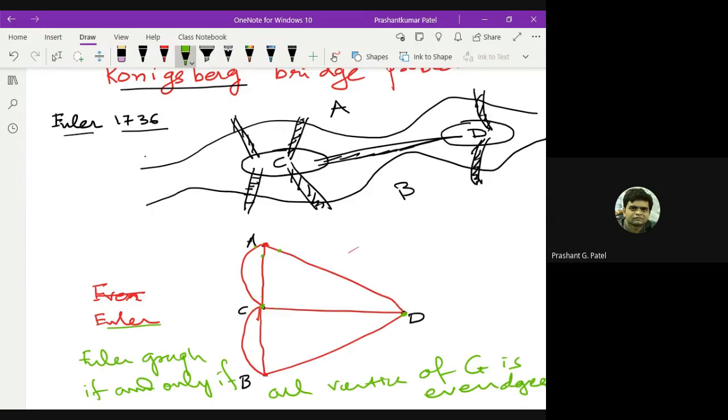You have to walk over all the 7 bridges exactly once and return back to the starting point.